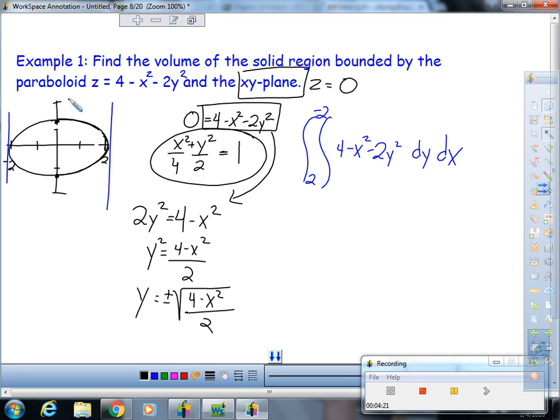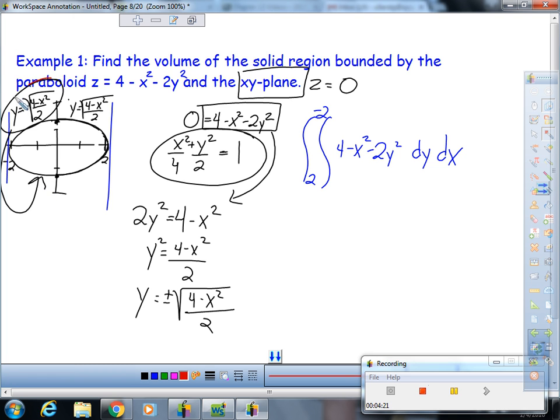This would be that, and this would be the negative version of it. Now we know that y is in between those two limits. Oh, I had that wrong. This one would be down here.